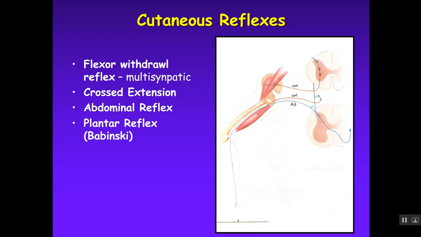And it's multisynaptic. And so here is the flexor withdrawal response. So here's a foot here and a needle poking into the bottom of this foot. That sends a signal, fast pain, right? Up through the A delta fiber, goes in the posterior root, and remember we said that some of those fast pain fibers go up and down that dorsal lateral tract of Lissauer, a few segments.